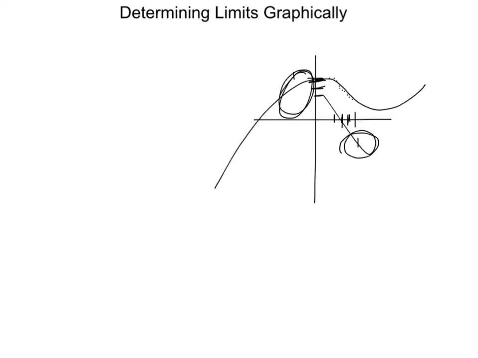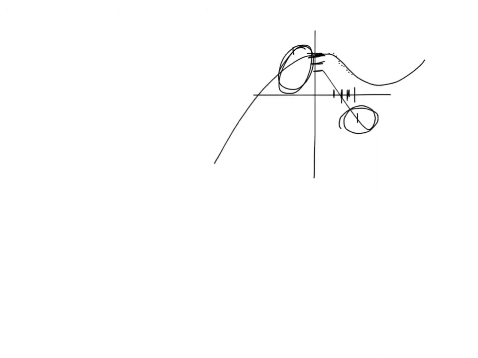Now, the other thing that we need to know about graphs is what a hole in a graph is. I feel like that's a place that you may have learned a little bit about, but not a lot about. So I'm going to draw a picture of a graph that has a hole in it. Let's say you've got your axes here, and then you've got a function that has a hole right there. The question is, what does that hole mean?